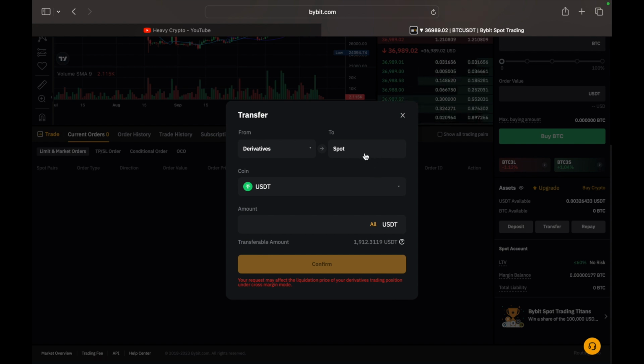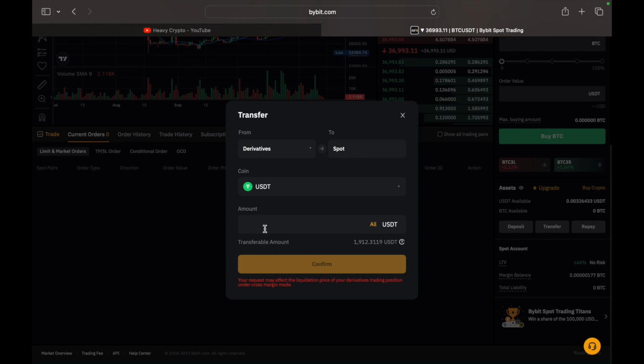But if you want to trade futures, you can simply transfer money from spot trading to derivatives, so that you can trade futures. All right. So as you can see right here, on derivatives I have approximately $1,912 and I want to transfer approximately $100 to buy Bitcoin on spot trading.